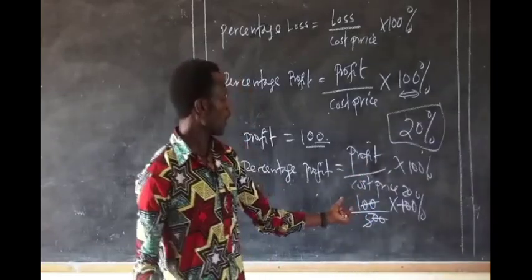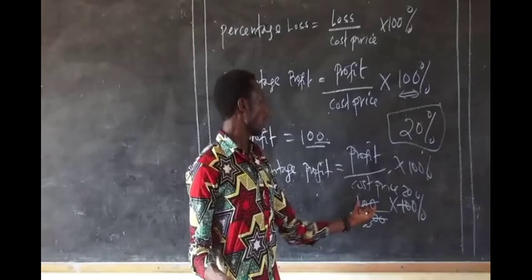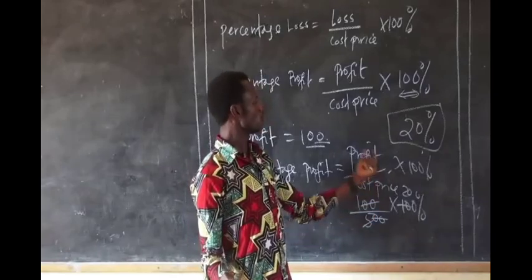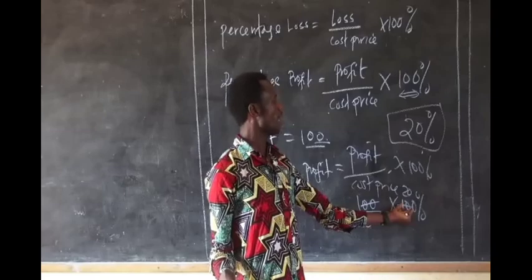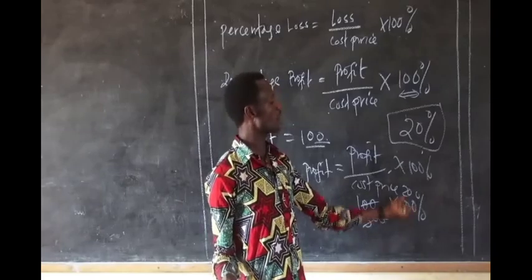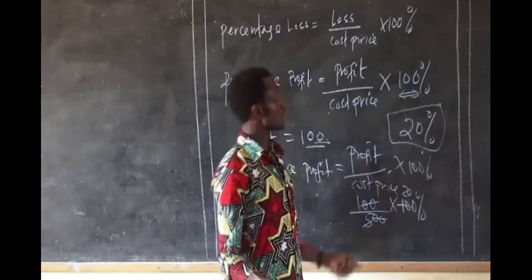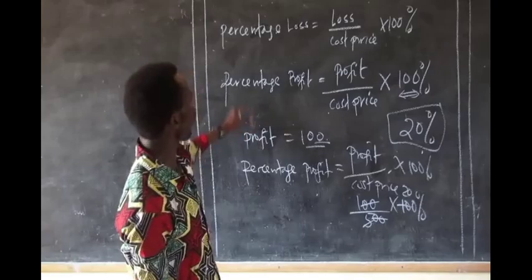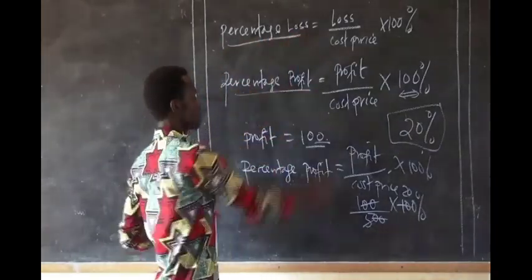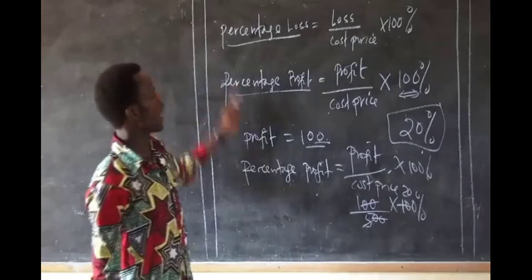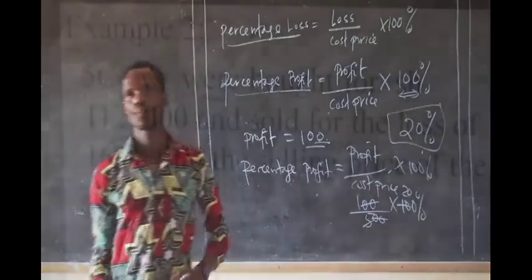So when you want to obtain the percentage for the profit that you made, you take profit over cost price and multiply by 100 to make it a percentage. That is 20%. So this is percentage loss, and this is percentage profit.